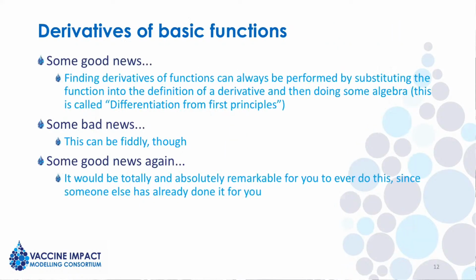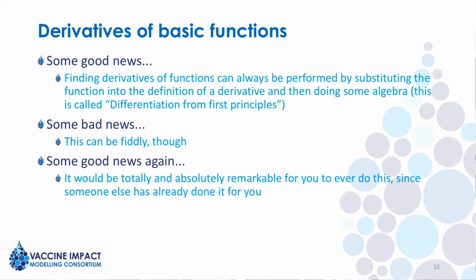There's some good news, some bad news, and some good news with doing this. So, as I said, you can find the derivatives using differentiation from first principles. So going back to that definition of a derivative, and then working through, substituting in your function, rearranging, and then tending h to 0 and seeing what you get.